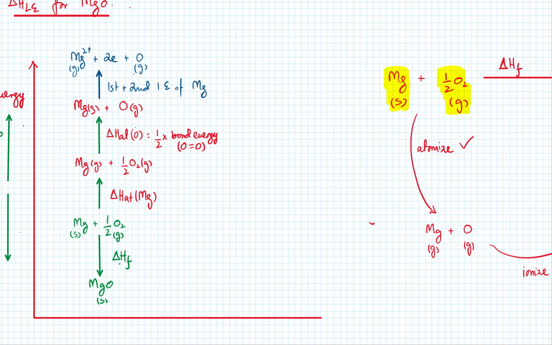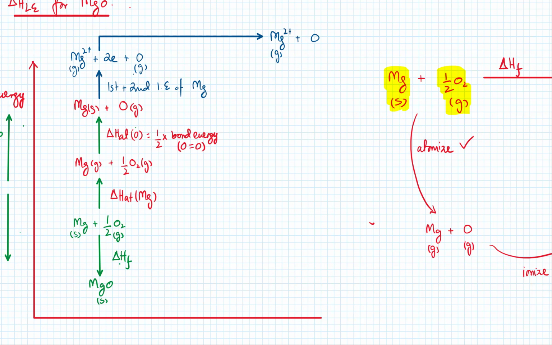Now the next step is I need to ionize oxygen. That will be the electron affinity. So Mg has already lost electrons. Mg2 plus is gaseous.